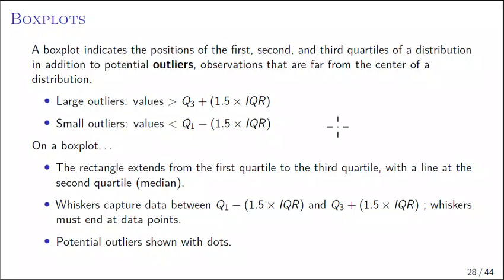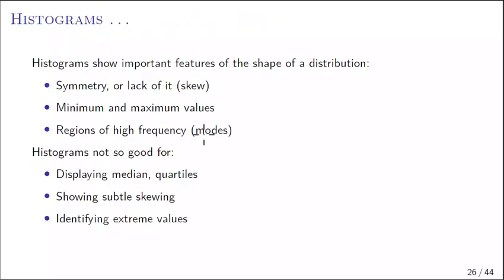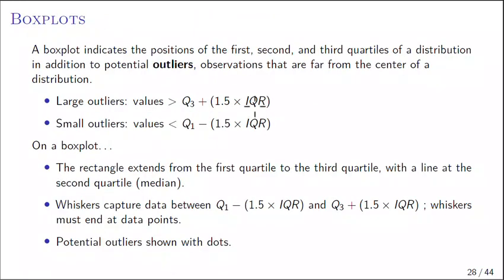For large outliers, meaning the values are big, the value goes way over Q3. The distance between Q3 and the upper whisker is 1.5 times the IQR, the interquartile range.